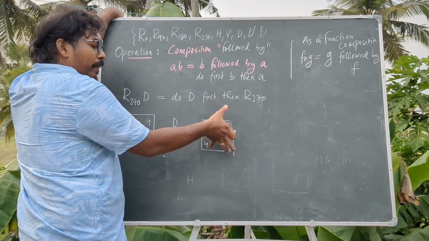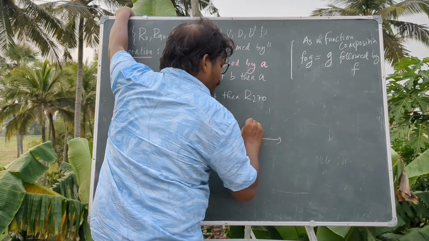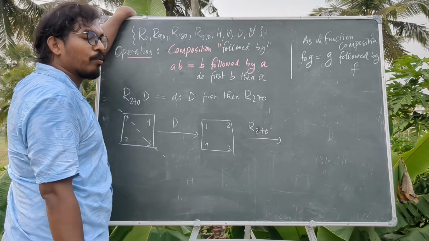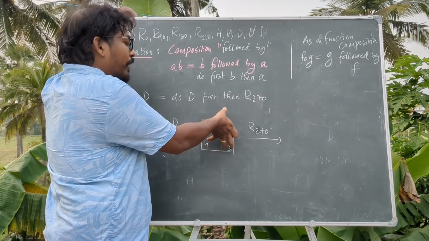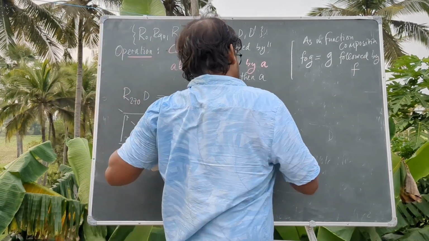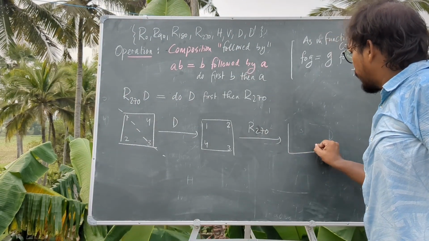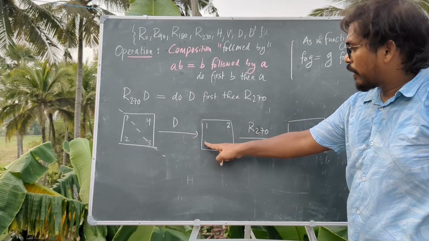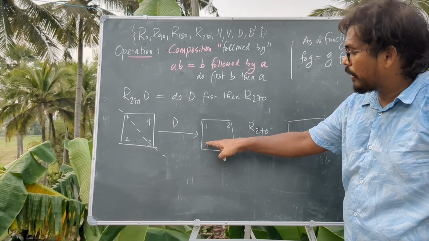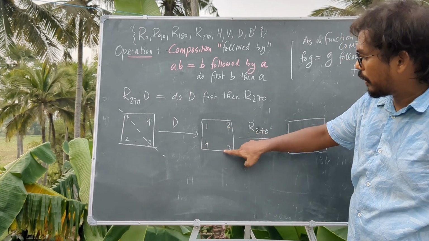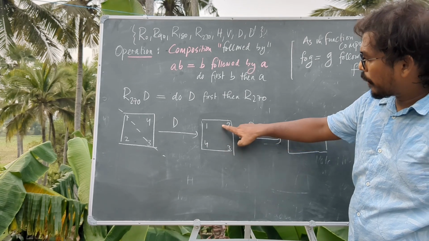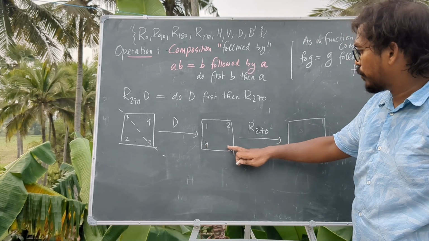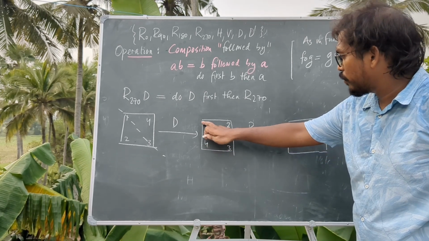Then the result we are getting, we will do rotation of 270 degree anti-clockwise. So after 270 degree anti-clockwise rotation, this one will be, after 90 degree it will be here, after 180 degree it will be here, and after 270 degree 1 will be here. 4 will move to 90, 180, 270.